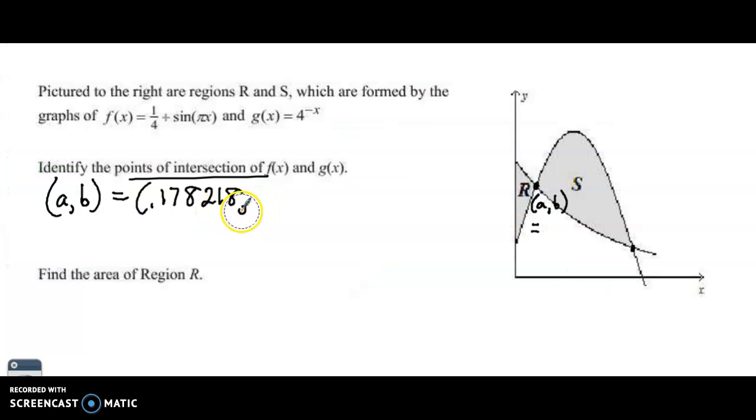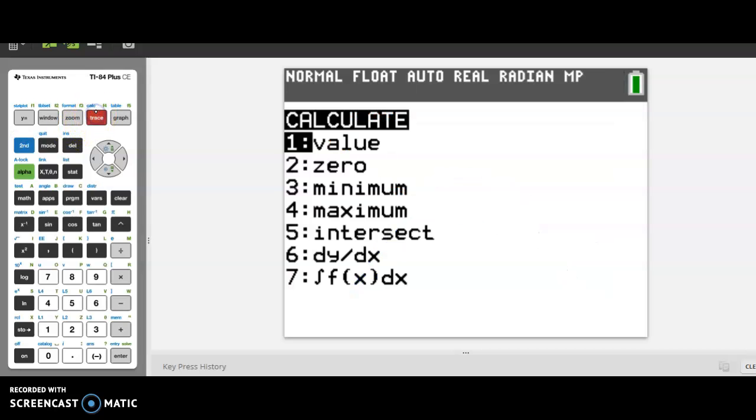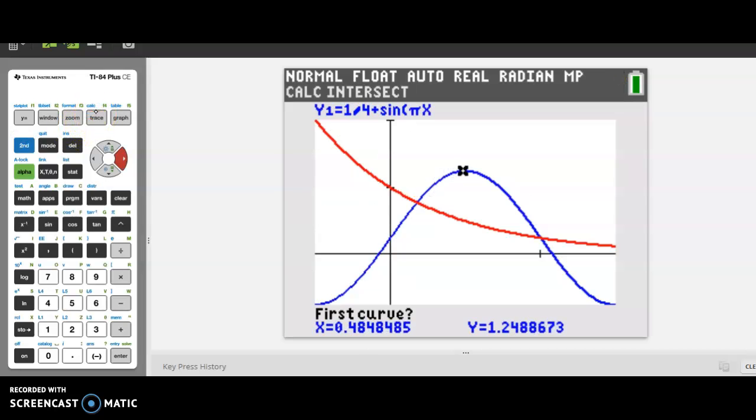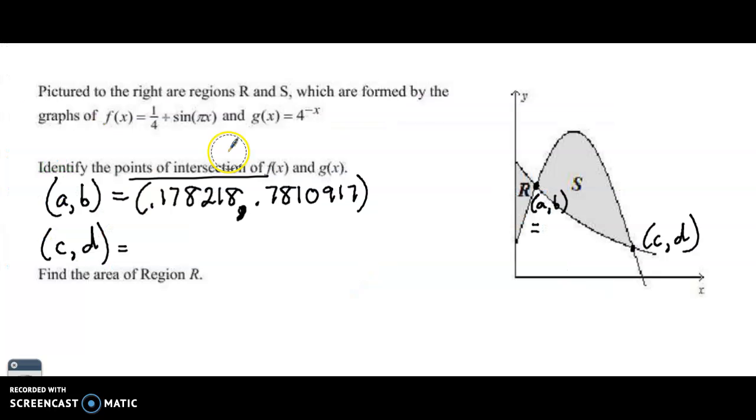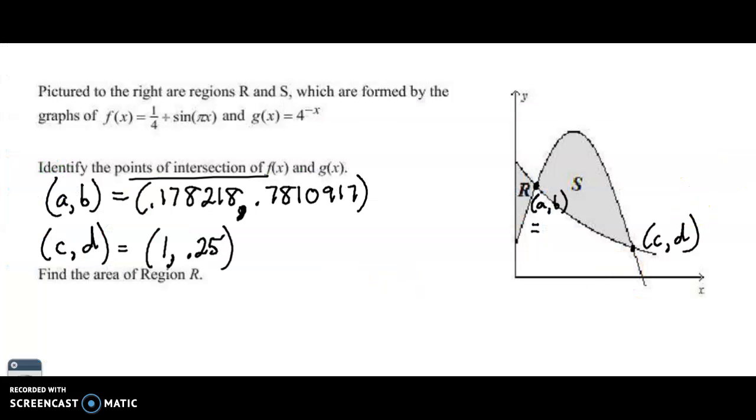That was a terrible comma. 0.917. And then maybe call this C, comma, D. Second trace, fifth option. Enter thrice. 1.25. And you can change it to a fraction. Nobody's worried that that's 1/4, which should make perfect sense.